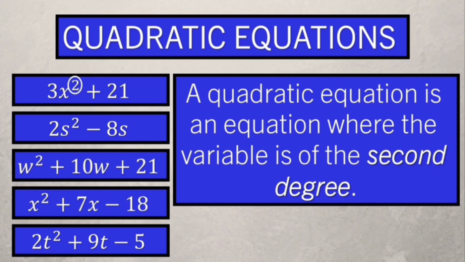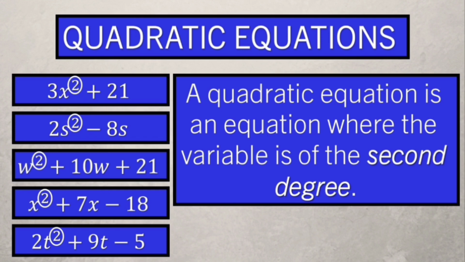How about 2s squared minus 8s? The highest exponent in this expression is also 2. For the third one, we have w squared plus 10w plus 21, and the highest exponent is also 2. For the fourth example, we have x squared plus 7x minus 18, and the highest exponent is also 2. And for the last example, we have 2t squared plus 9t minus 5, and the highest degree is 2.